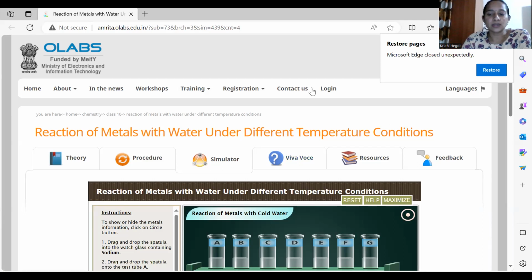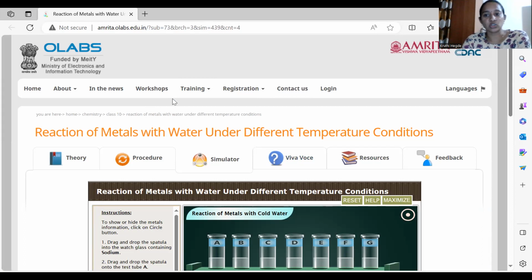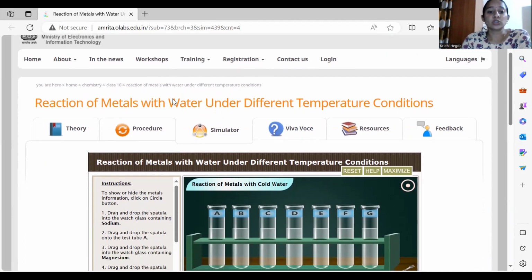This is the website OLabs from Amrita Vishwa Vidyapeetham, which helps us by providing various science resources, especially virtual labs, which provide various simulations and animations, and also give us theoretical information about various chemistry, biology, and even physics reactions.